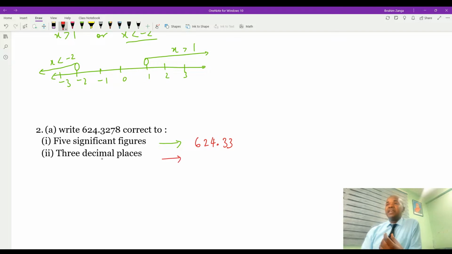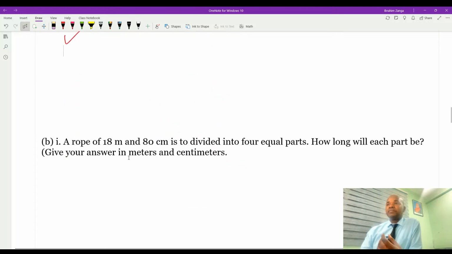And writing this number correct to 3 decimal places, so we have 624.328. It has to be 8 because the last number here is a number which is greater than 5. So that is the solution for question number 2A.